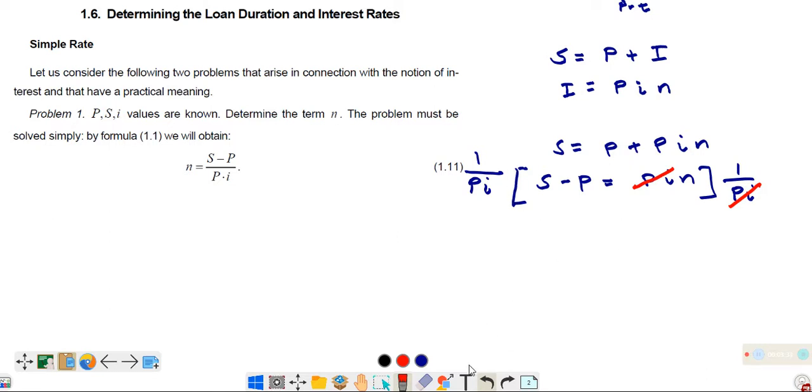So, we will end up with (S minus P) over PI is equal to N. Or, our formula here, N is equal to (S minus P) over (P times I). Okay? I hope that it's clear.